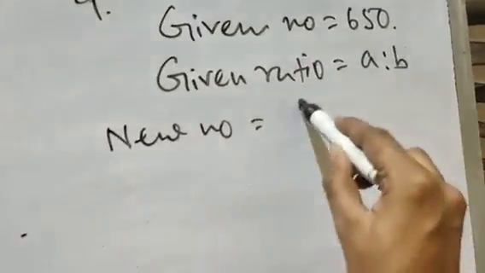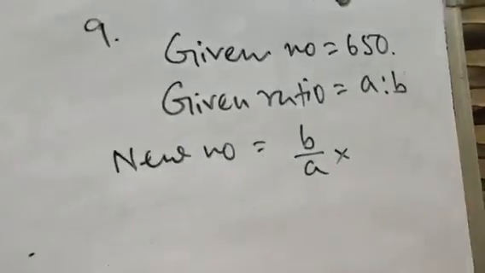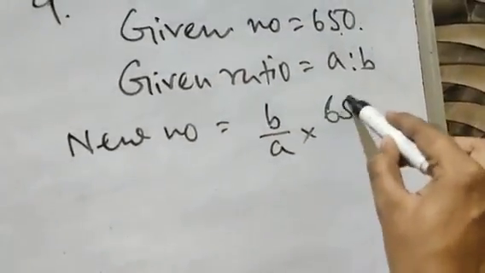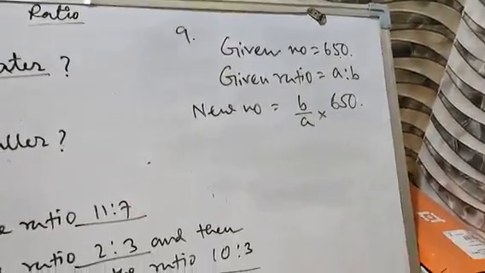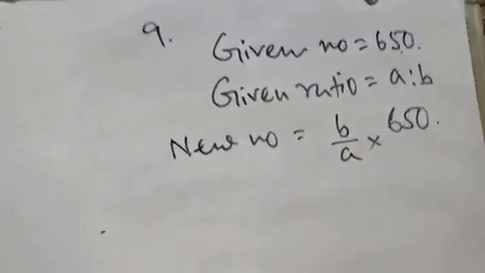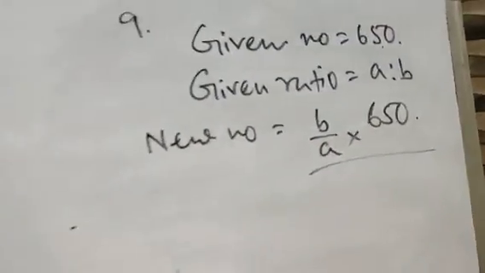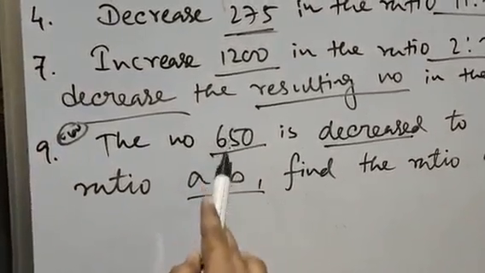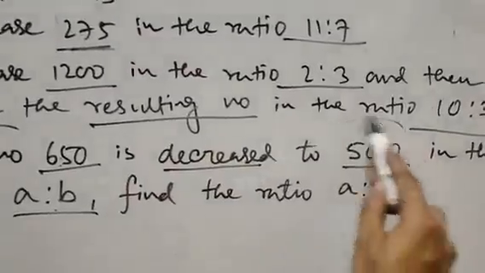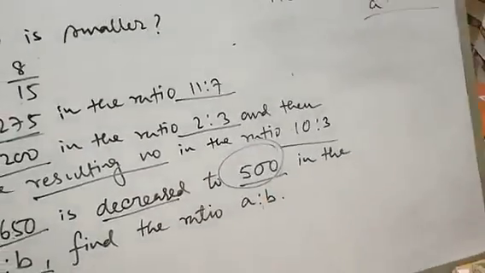The given quantity is 650, so that is the new number. That means if you decrease 650 in the ratio A is to B, the new number after decreasing will be this. And the question clearly says that if you decrease 650 in A is to B, then the new number will be 500. That means this and this are both equal.